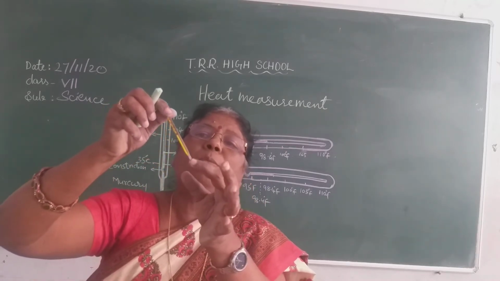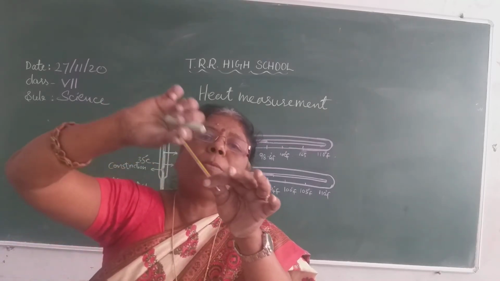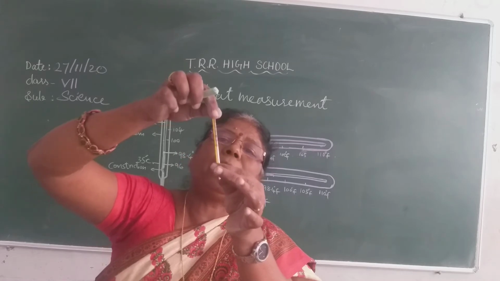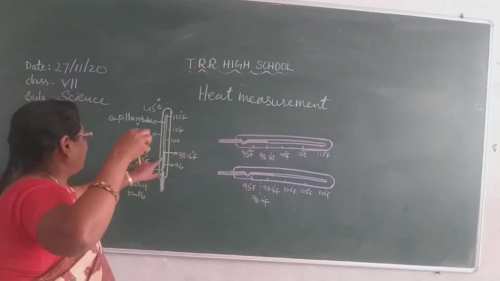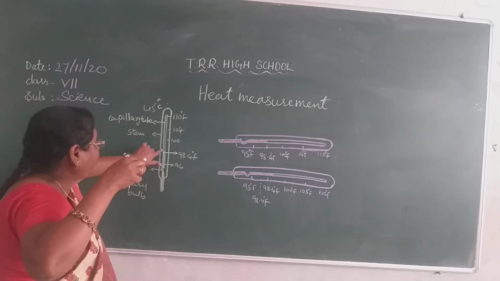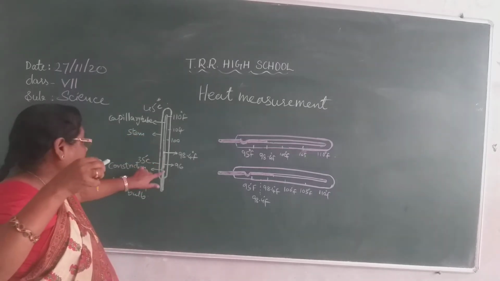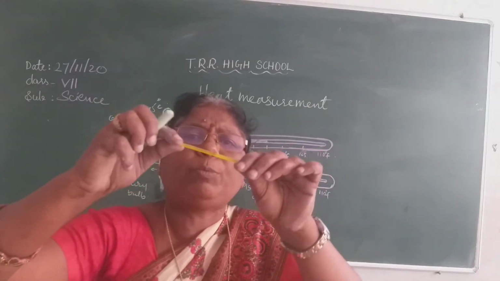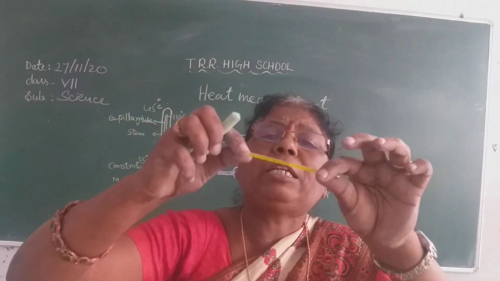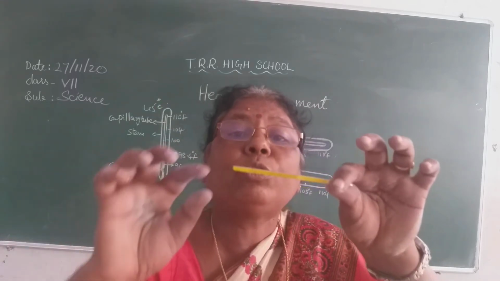This is called the bulb. Here you are seeing the stem of the thermometer, and if you look carefully you will see a capillary tube in which the mercury flows.